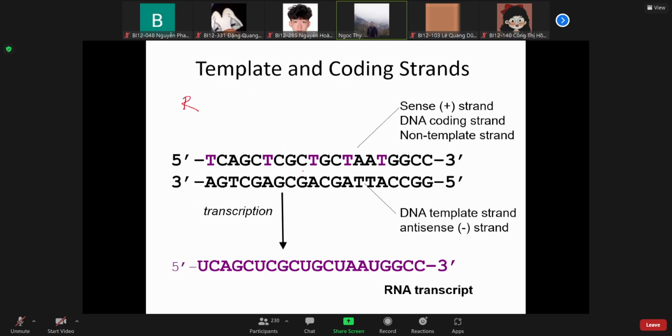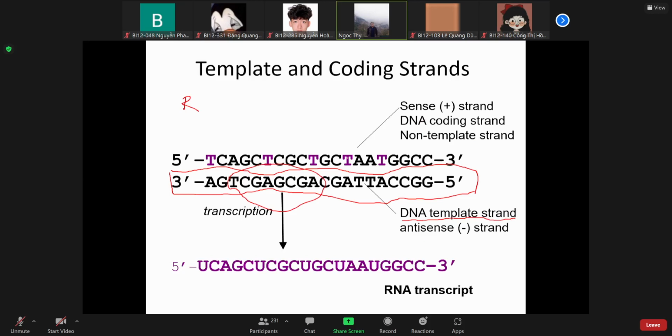Here, it uses only one DNA strand as a template, which is the sequence from 3' to 5'. The RNA polymerase will bind only on this one, and that's why we call it the template strand.